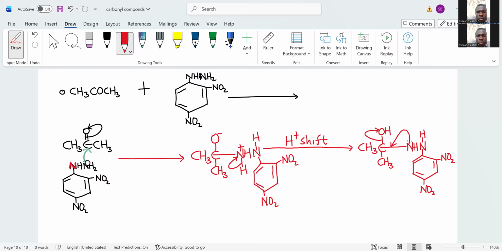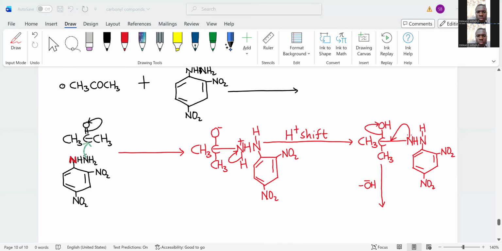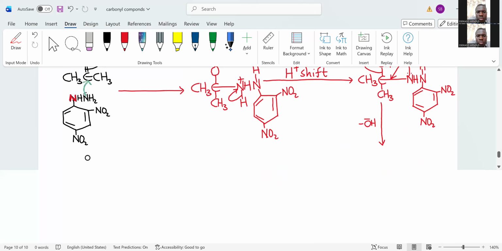So what have I lost? I have lost hydroxide ion as I form, this board is going to let me down because I think I have to reduce on the material.